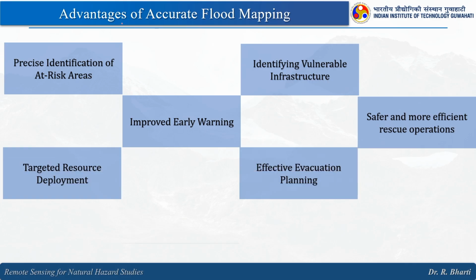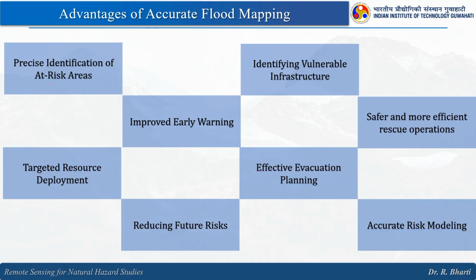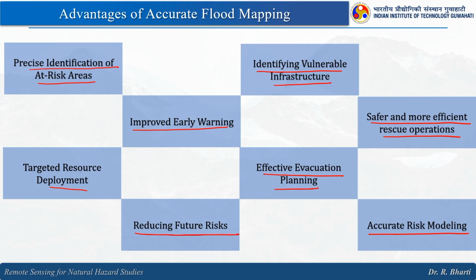When we talk about the advantages, we have precise identification of at-risk areas, and identifying vulnerable infrastructure that we can easily identify. Then it also improves the early warning system, safer and more efficient rescue operations, targeted resource deployment, effective evacuation planning, accurate risk modeling, and reduces future risk.